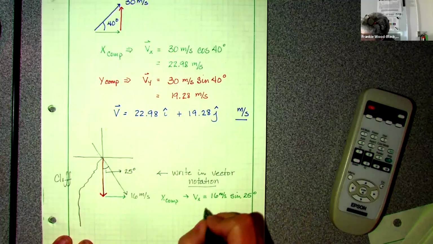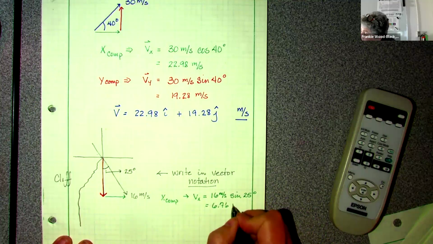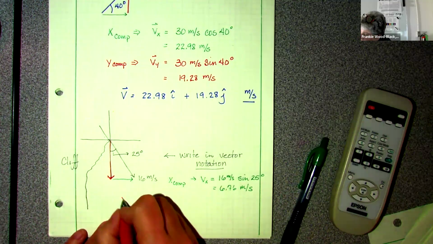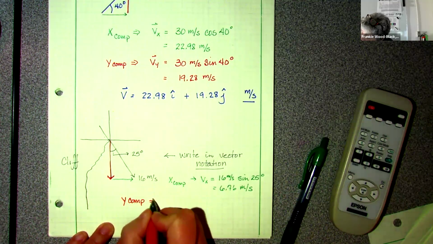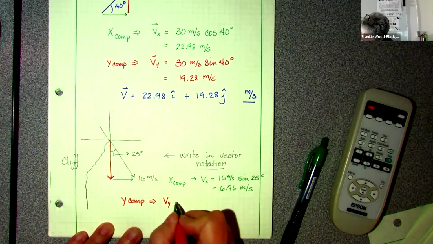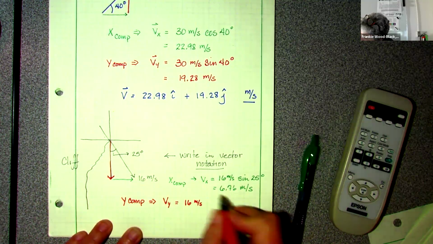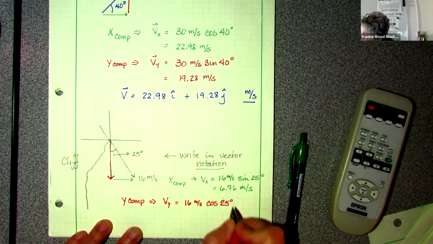So I'm going to end up with 6.76 meters per second. My y component is going to give me my v of y, except now that's 16 meters per second cosine of 25 degrees.